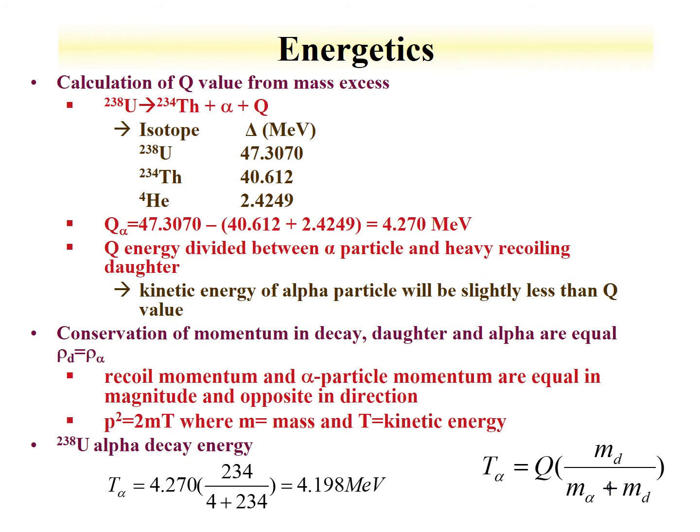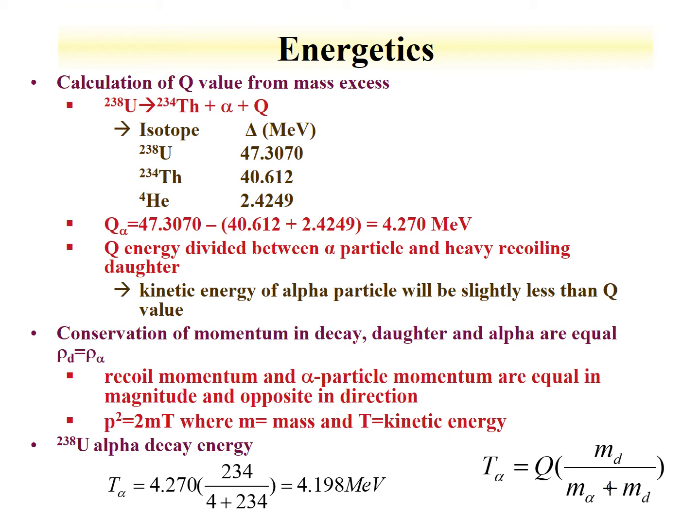So we can use the calculations that we discussed to evaluate Q values for reactions. As an example, if we wanted to evaluate the Q value of the decay of uranium-238 to thorium-234 plus an alpha, we get the mass excesses of uranium-238, thorium-234, and an alpha particle, and we can arrange this equation.